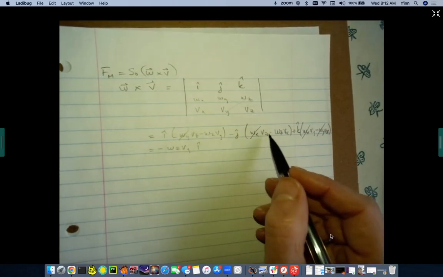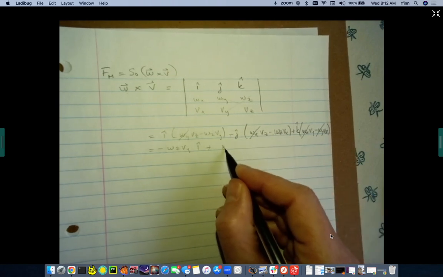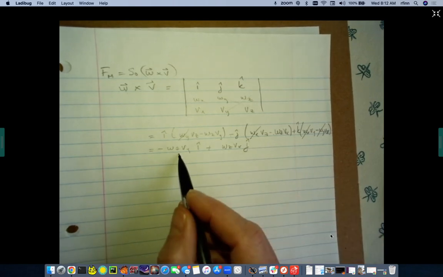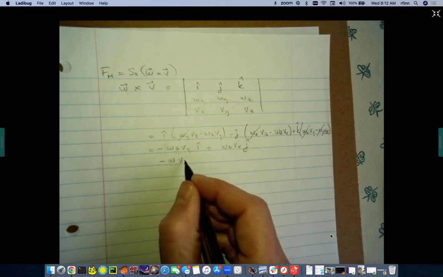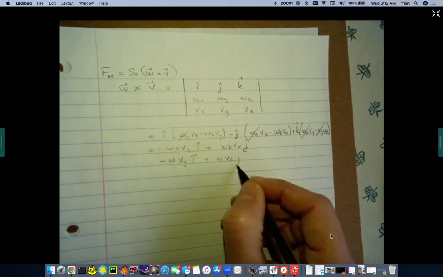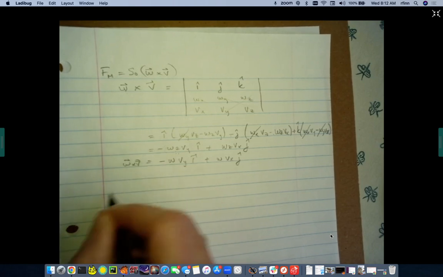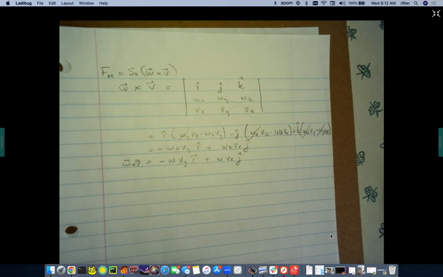And then we have the negative here and a negative here, so it's plus omega z Vx j hat. And I said before that we only have a z component, so we can just rewrite omega z as omega. It is the same as the magnitude. So negative omega Vy I hat plus omega Vx j hat. That's omega cross V. And then the force would be S times that.